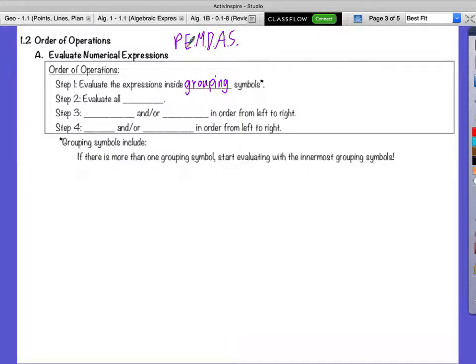So parentheses are a type of grouping symbol, okay? And it says, here, grouping symbols include, you guys see this little asterisk that connects to this asterisk up here, okay? We're going to go ahead and fill this out. Grouping symbols include, so we have parentheses.